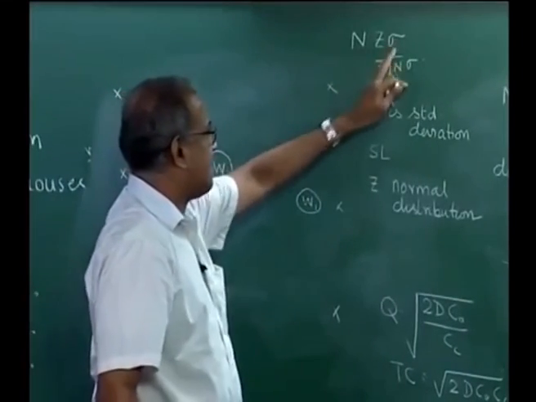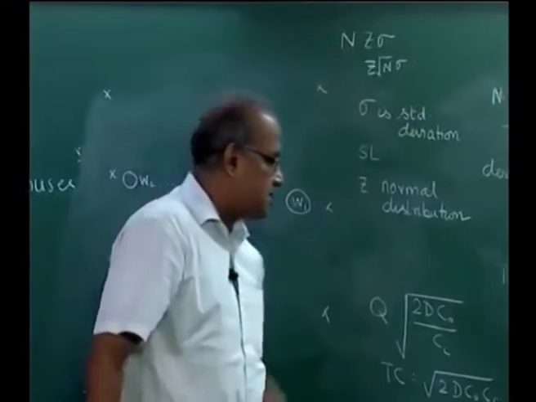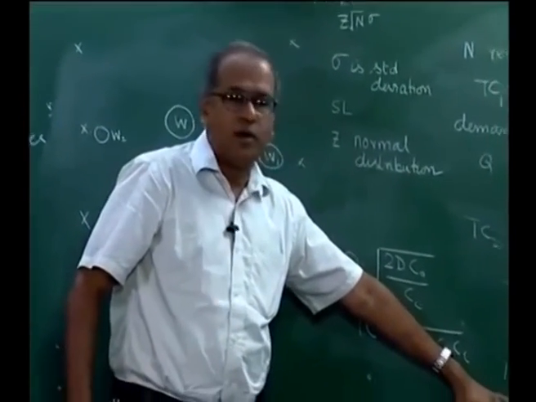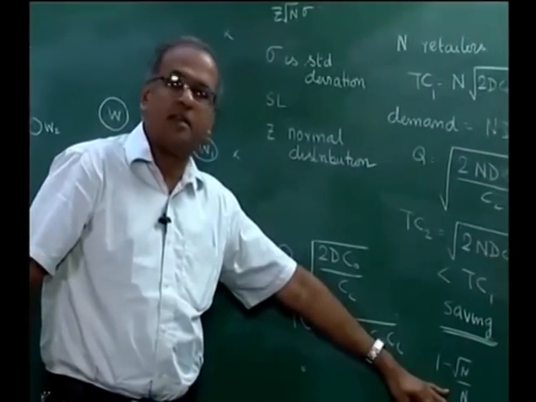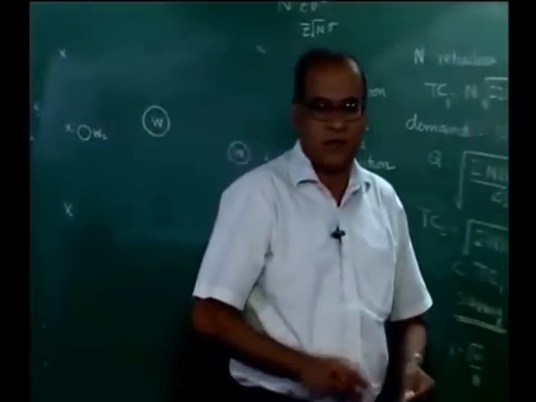Similarly, n into Z sigma versus root n into Z sigma. Once again it is possible to show that the saving is of the order of 1 minus root n by n, or 1 minus 1 by root n.